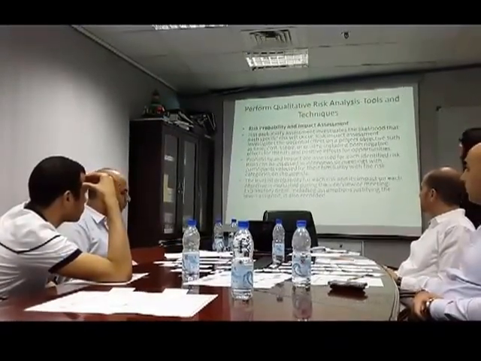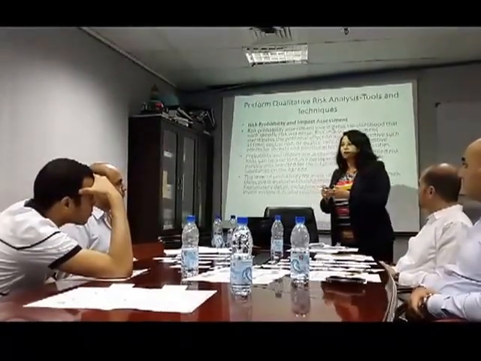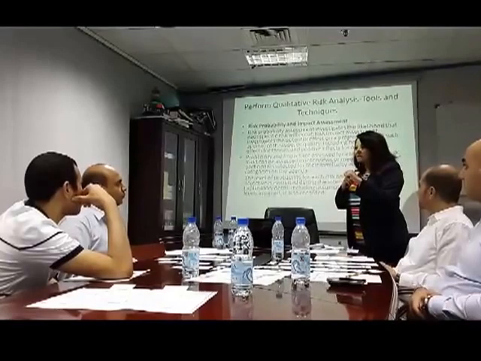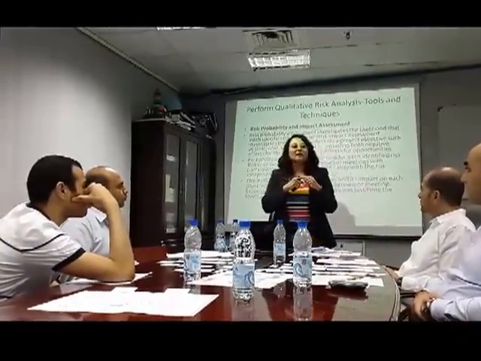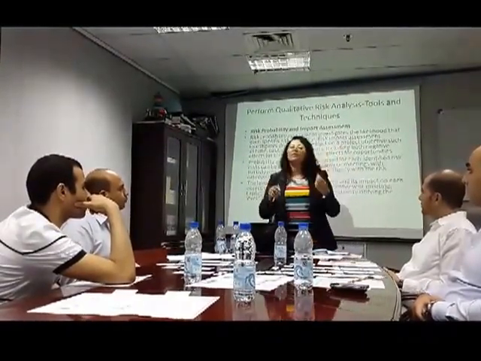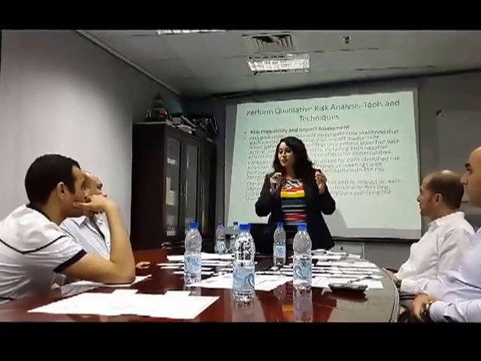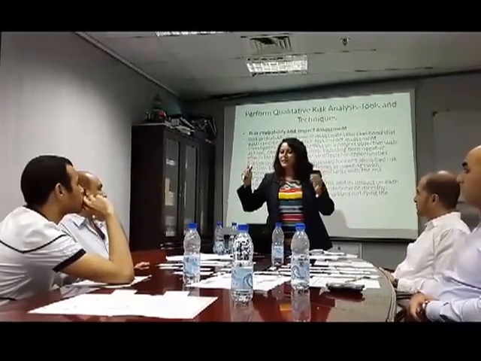Now, risk probability and impact assessment is simply, you do two things. First, you assess the likelihood of this risk taking place. How do you assess it? In project management, they decided that they would go on a scale from 0 to 1. So you have 0, 0.1, 0.2, 0.3, up to 0.9.